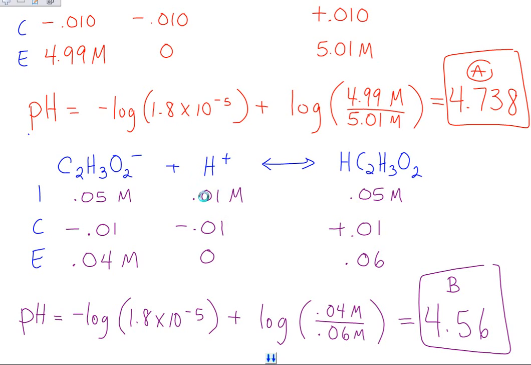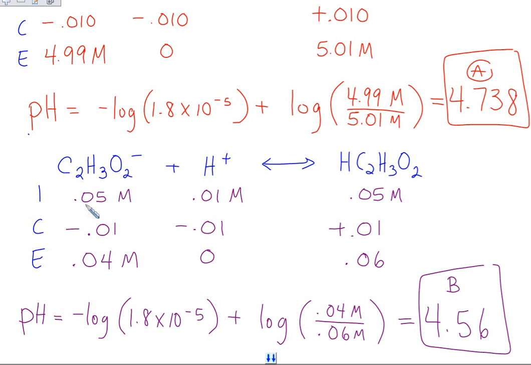You can't add any more hydrogen or hydroxide than what you have to start with when I look at the molarity of the original buffered solution. So the more concentrated the buffer, the greater the buffering capacity. I can add more hydrogen or more hydroxide.